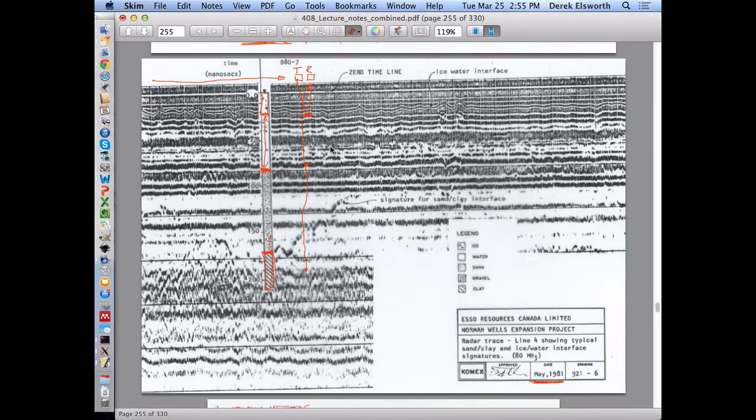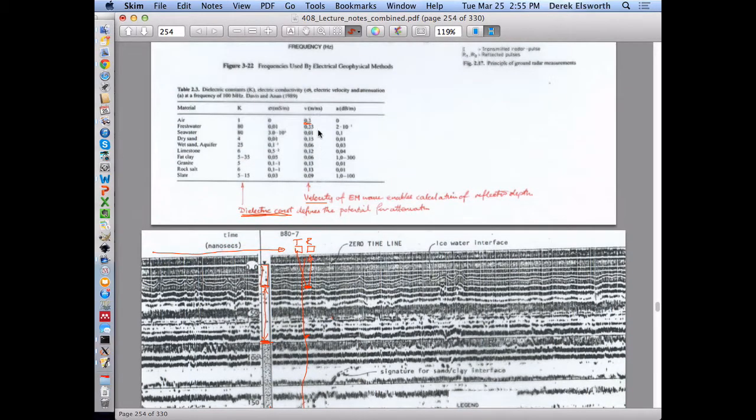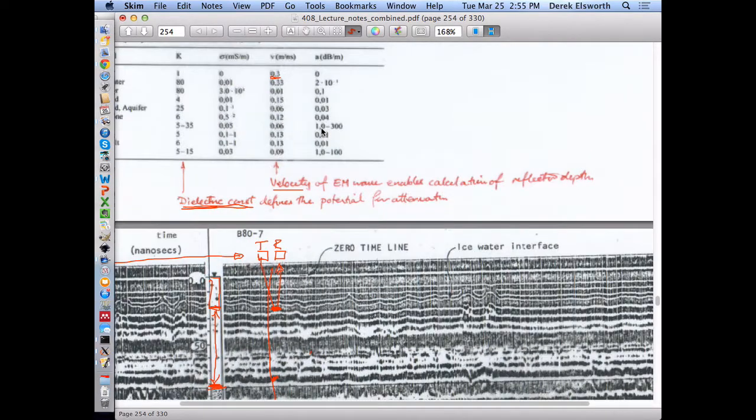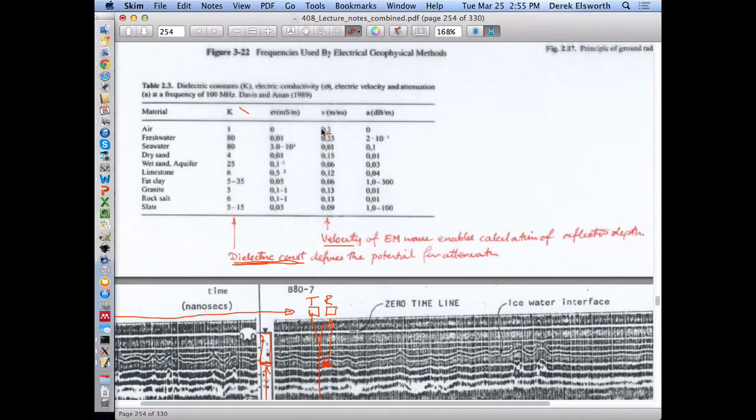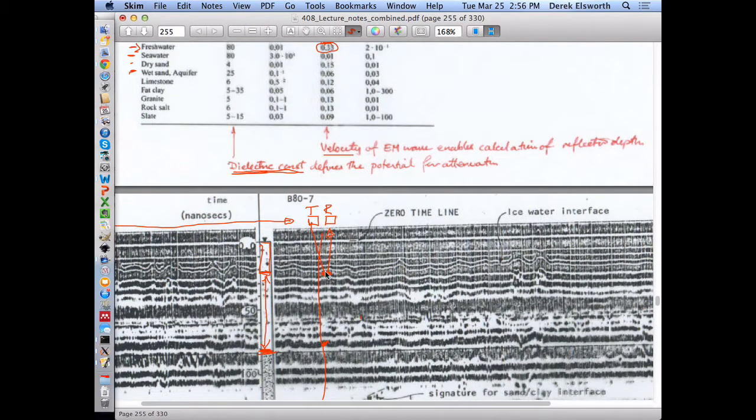You take the travel times, and you know something about the magnitude of the velocities if you know what the material is. Water, for instance. This is fresh water, I guess, in this particular case. If you know the velocity that you expect in fresh water, then you can take a magnitude of 25 nanoseconds to go both ways, and you can figure out exactly how deep this is because you know the velocity of transit.